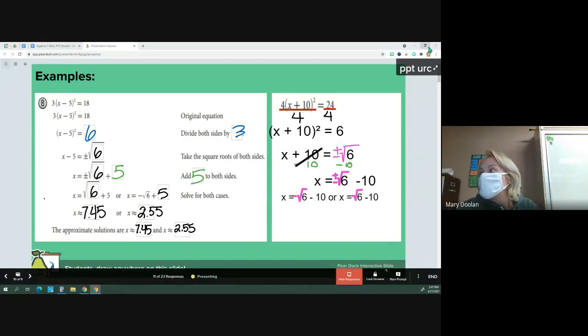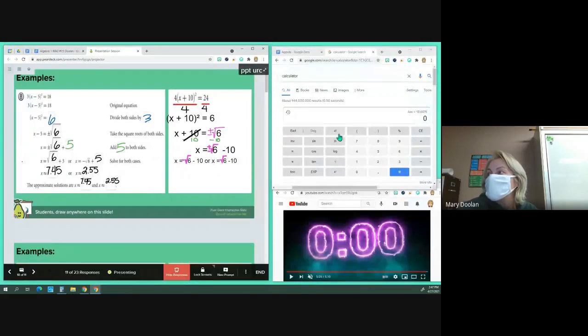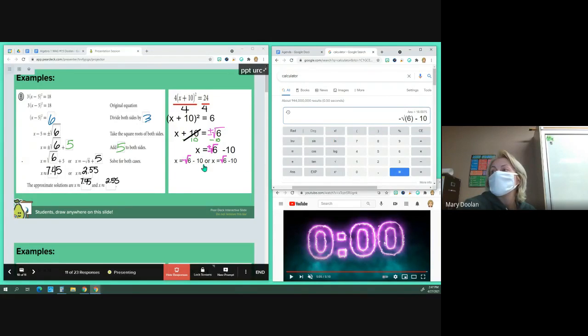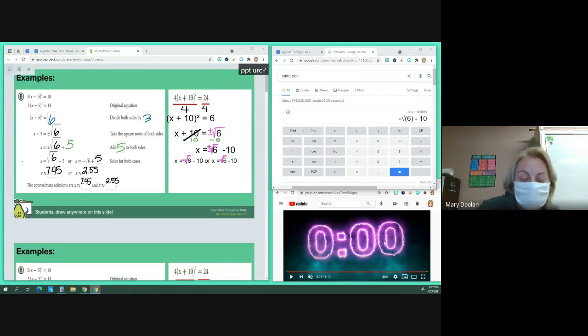This is where you're going to use a calculator. So we have the negative square root of 6 minus 10, open parentheses, minus square root 6, close parentheses, then minus 10. That's how you want to enter this first one. And we'll be rounding because the square root of 6 is not going to be a rational number. That's irrational.